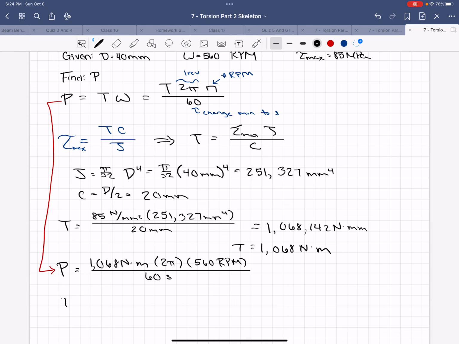So we get power equals 62,639 newton meters per second.